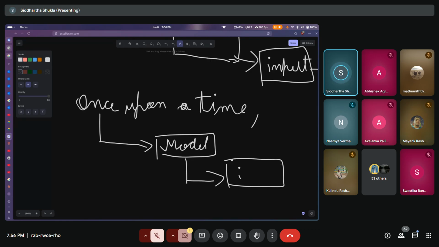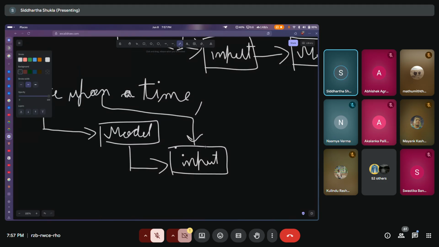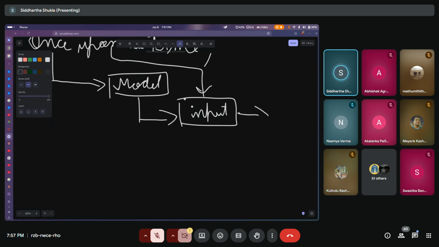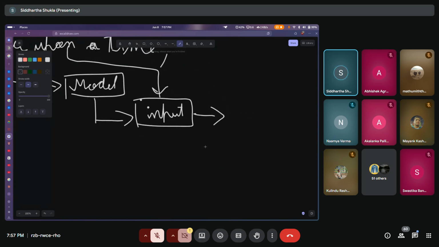There can be multiple different architectures for an RNN. In this case, the model takes the first word of the input, feeds it to itself, and maps it to the next input. Then it also acts as the input for the next iteration and goes back to the model again.